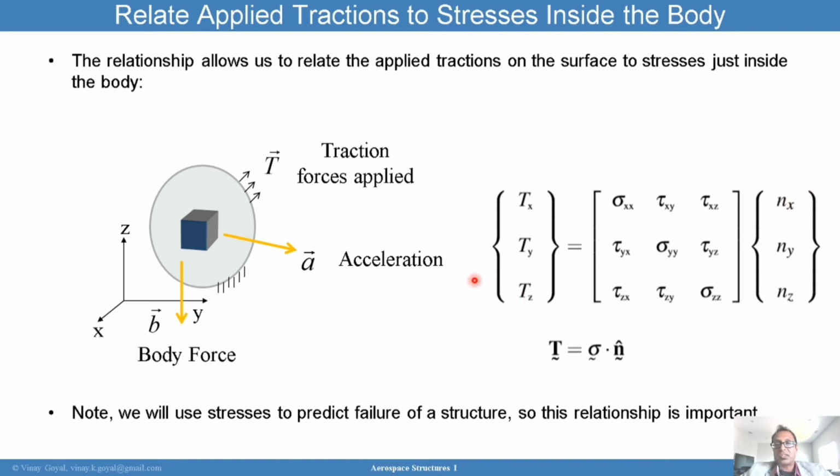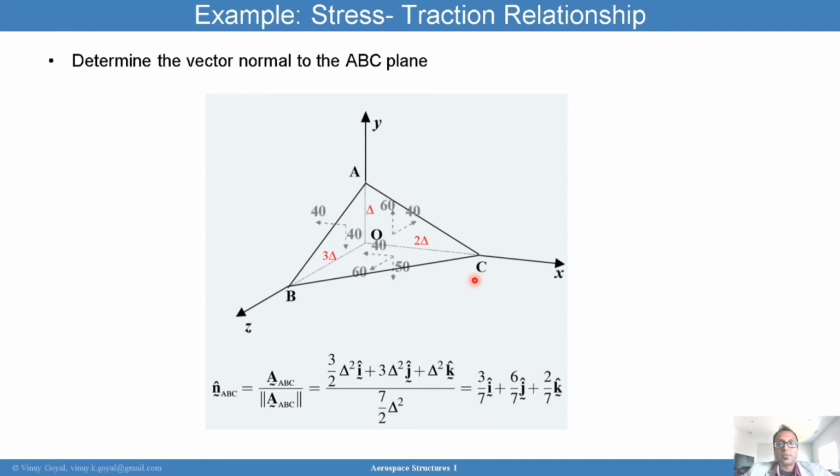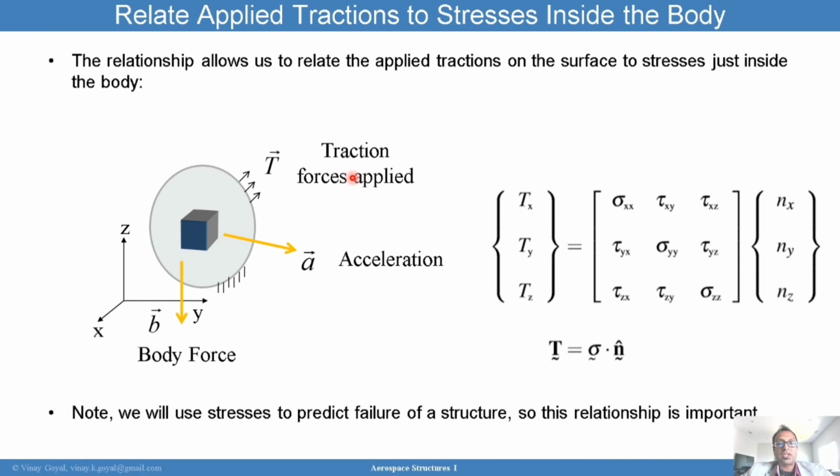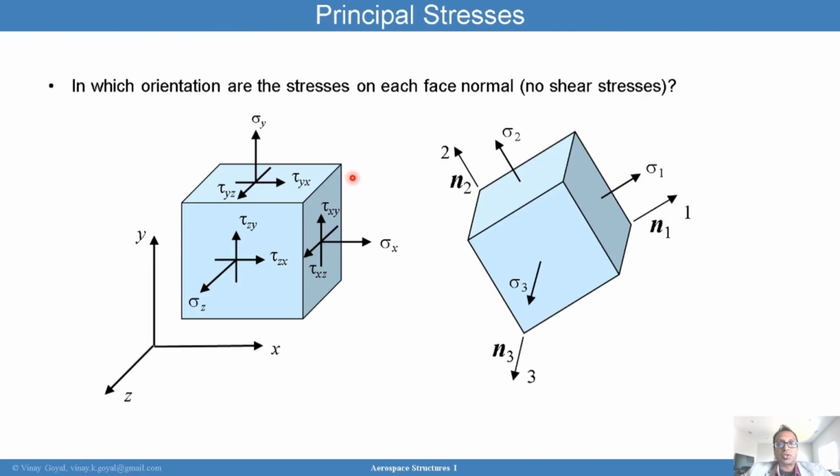Because if that's the case, then the traction vector on this face is normal to that surface only, and there's no shear stresses applied. So that's what we want to accomplish with that question. So let me walk you through that thought and how we can get there.